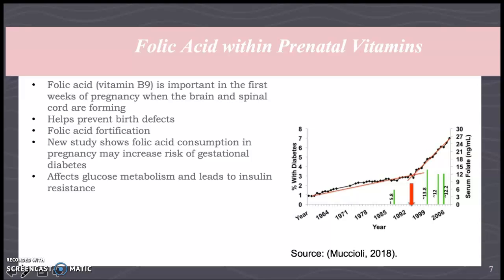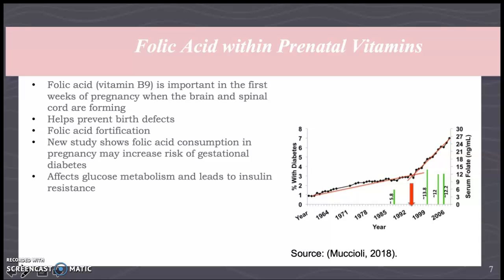A new study actually shows that folic acid consumption in pregnancy may increase the risk of gestational diabetes, and it can affect glucose metabolism and lead to insulin resistance. This graph is just explaining that study. It shows the U.S. incidence of diabetes over the past 50 years.